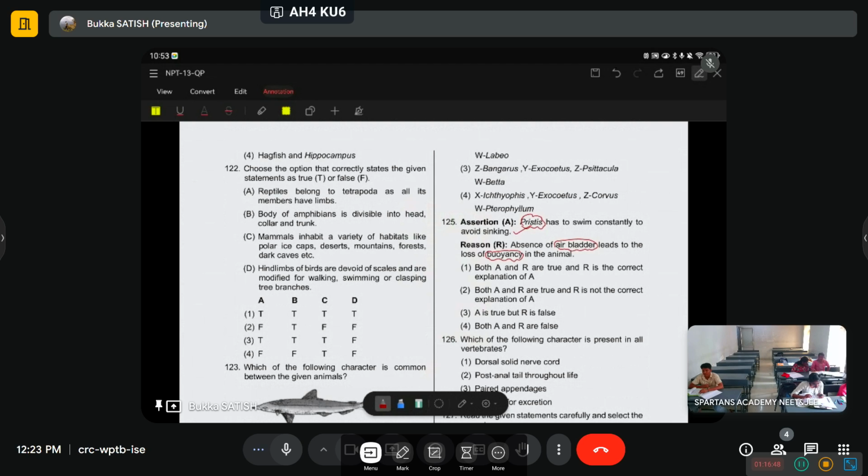Because the air bladder is absent, they have to swim constantly. Therefore, it is a correct explanation. Absence of air bladder leads to loss of balance in the animal.